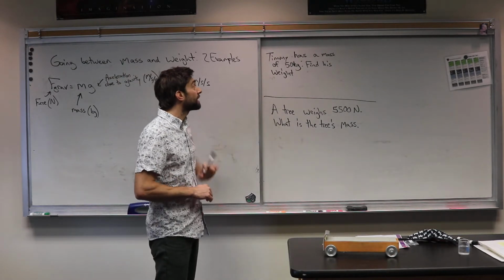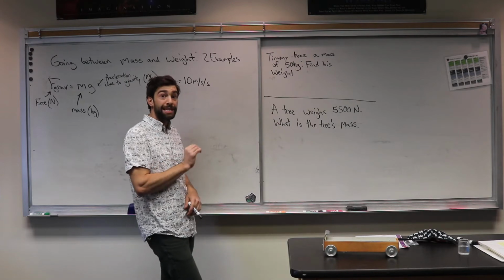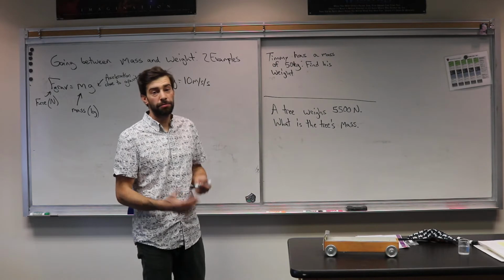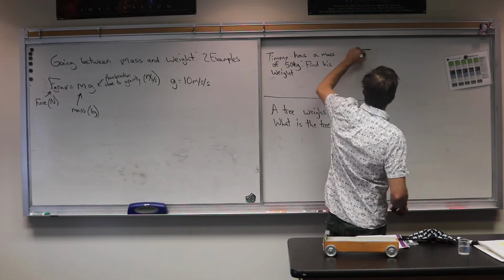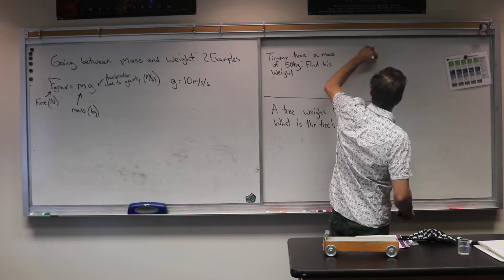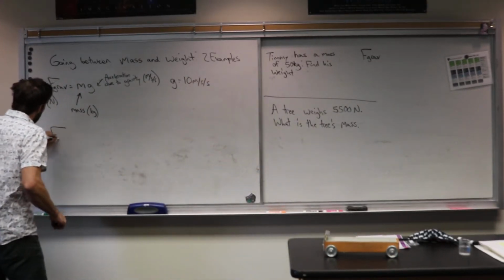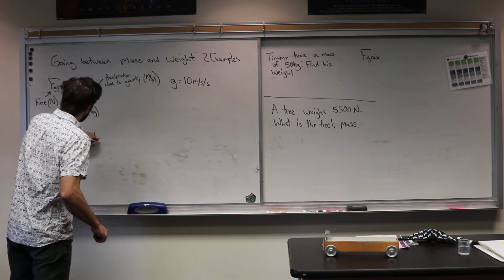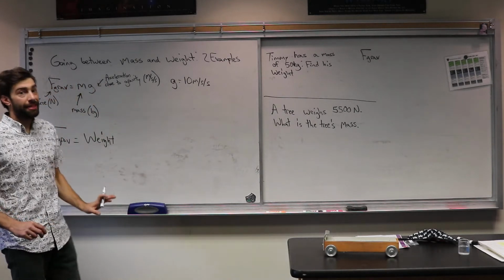All right, the first example problem says Timmy has a mass of 50 kilograms. What is Timmy's weight? Well, we have our formula, force gravity. Remember, force gravity equals weight. They are the same thing.